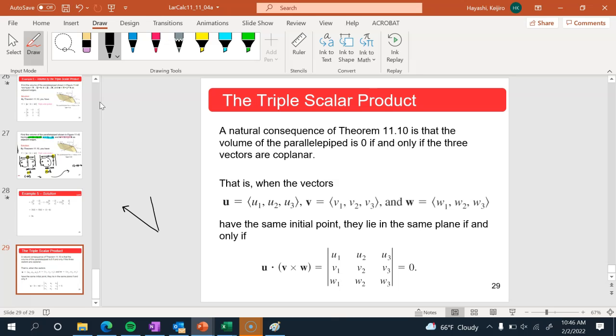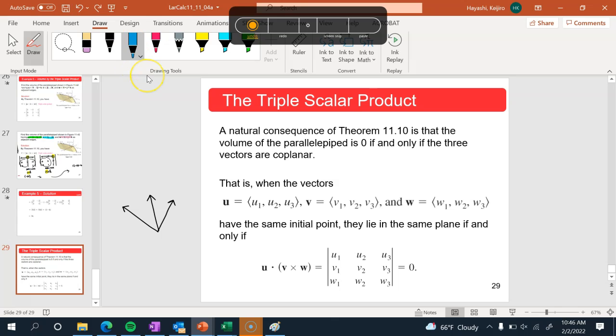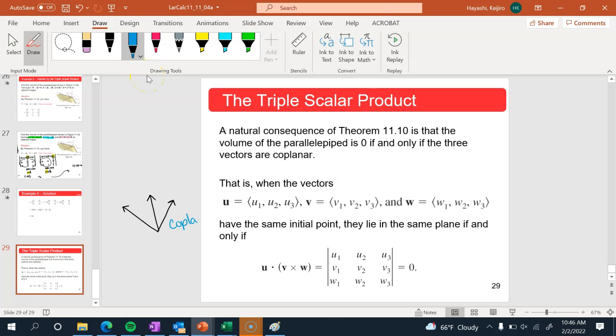Let's say that all 3 vectors that you have are in the same plane, let's say these are coplanar. Like they're just all on a flat surface. If you try to construct a parallelepiped out of that, if they're coplanar, you're going to get a flat shape with 0 volume.